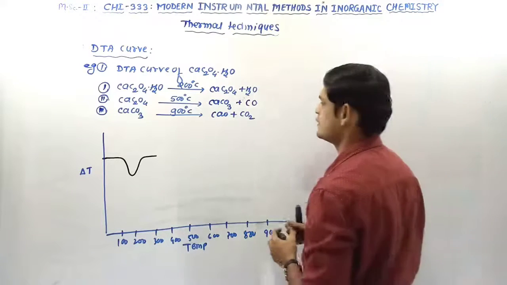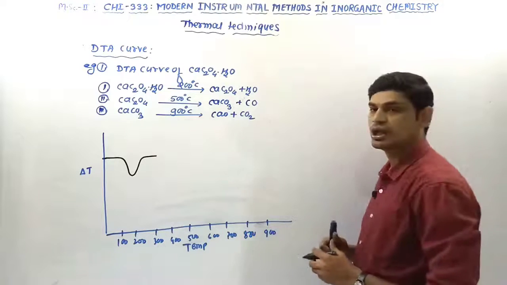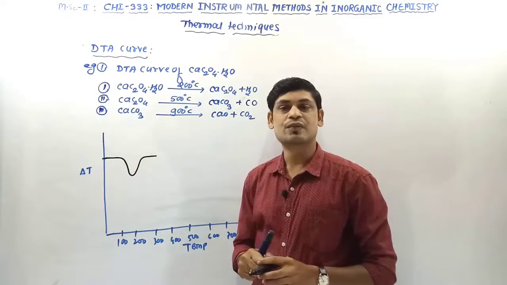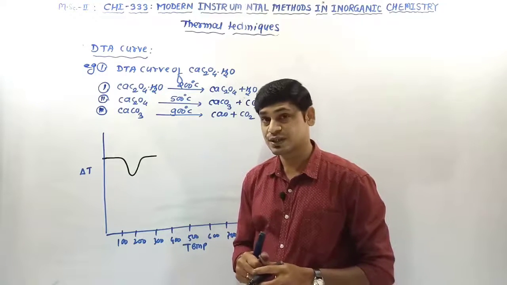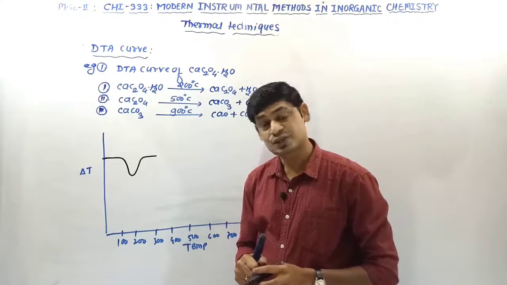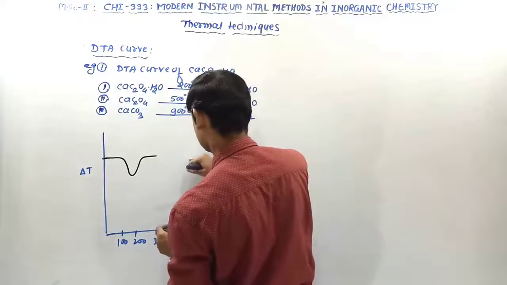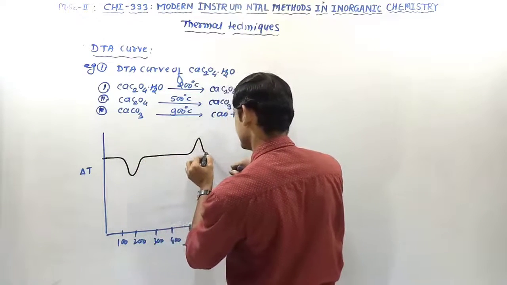Around 500 degrees Celsius, decomposition is there, loss of carbon monoxide is there, burning of carbon monoxide is there, oxidation is there, an exothermic process. So around 500 we will get an exothermic peak over here.